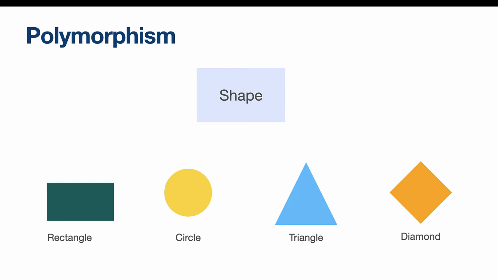If I choose a rectangle shape, I can have a different implementation in the rectangle class, because a rectangular shape has its own properties and its own behavior. Similarly, circle, triangle, and diamond have their own properties and behavior. So let's understand this better with a code example.